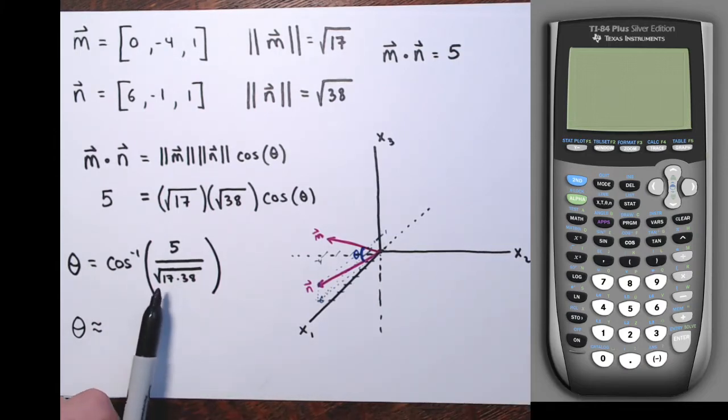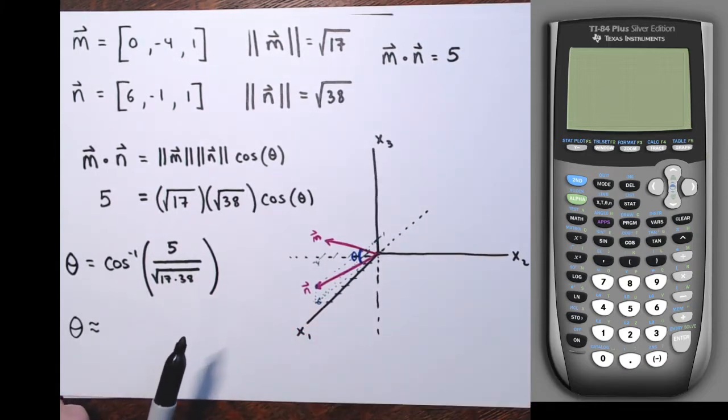Now that's not 17.38, right? That's 17 times 38. So on the calculator, inverse cosine of 5 divided by, and then in the denominator, the square root of 17 times 38. And again, make sure all of that is inside the square root. They're both inside square roots there.